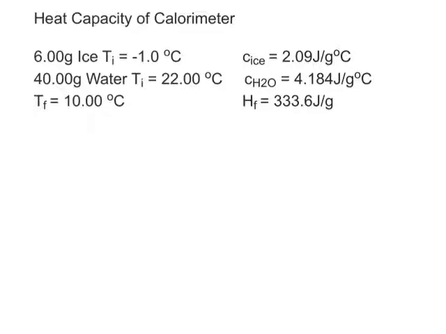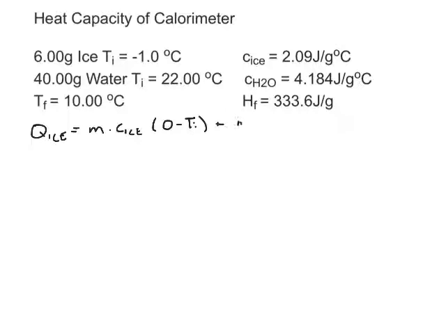I want to begin with the ice because its heat term is more complicated, because it undergoes a phase change. So the first thing we need to do is take our ice and warm it up from its initial temperature to the melting point, which is 0. So final temperature in the solid state is 0 minus the initial temperature, plus.